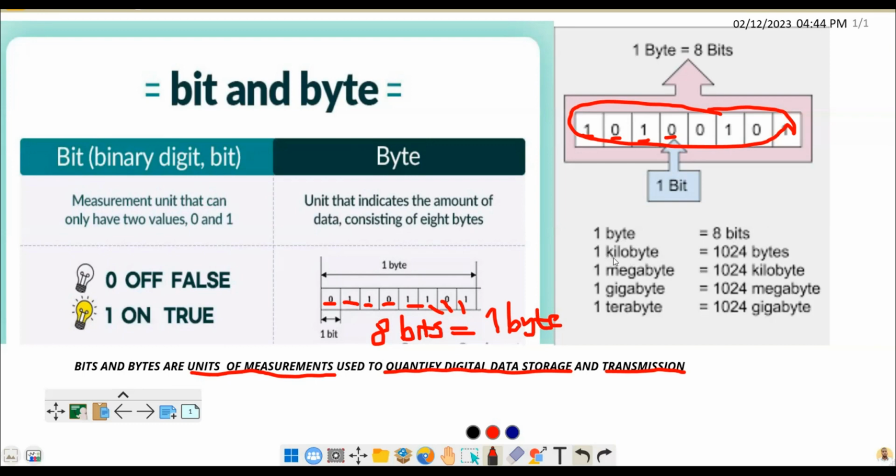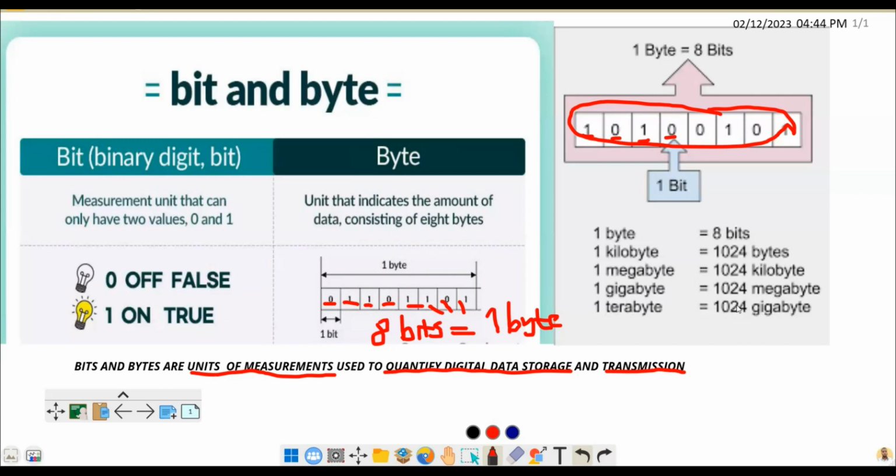A kilo is 1,000, so 1 kilobyte is equal to 1,024 bytes. Then 1 megabyte is equal to 1,024 kilobytes, 1 gigabyte is the same as 1,024 megabytes, and 1 terabyte is the same as 1,024 gigabytes.